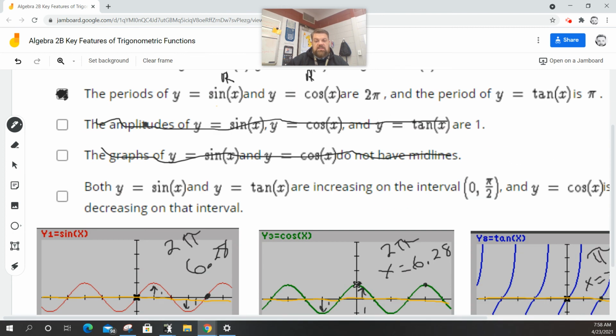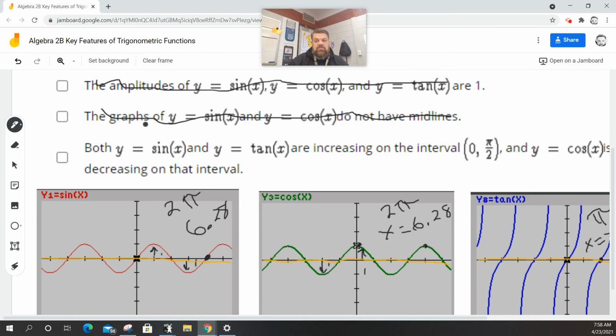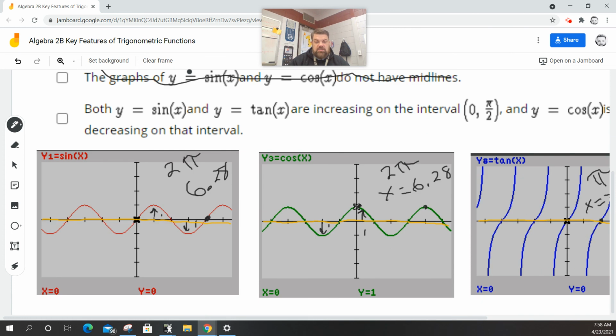Both sine of x and tangent of x are increasing from 0 to half pi, and cosine is decreasing on that. So where is half pi? Well, right here is half pi. This is pi over 2. From here to here is pi over 2.